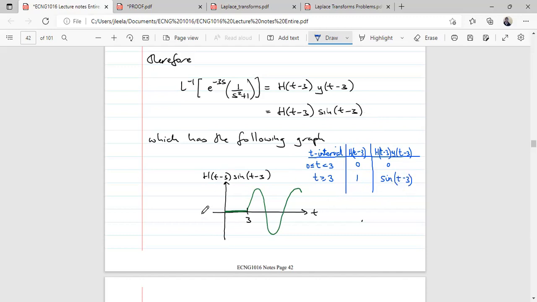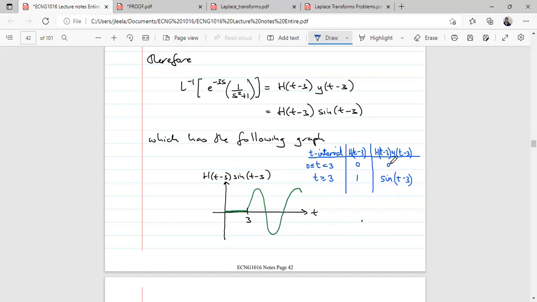So you're multiplying 1 by sine t minus 3, which is just sine t minus 3. So now we could sketch it here using it. It's always nice to set up a table. It makes it easy to go through these steps and understand it, right? So here now you're looking at this column here, because your graph here is H at t minus 3 times sine t minus 3.